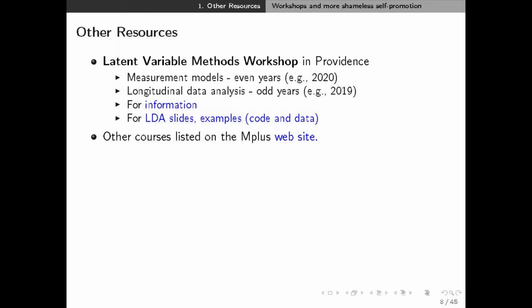Go to the downloads page, and you can see all my slides that introduce Mplus and longitudinal data analysis using Mplus. There are examples there with example input files, example data files, real data, and you can do real analysis on that real data and get a real sense for what you can do with Mplus. You can follow along with the slides and go through the text that describes the examples.